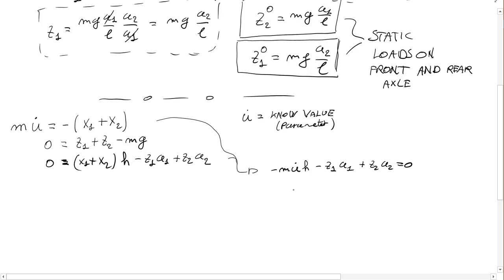And now from this equation we can write z1 a1 equals z2 a2 minus m u dot h. And now we have z1 equals z2 a2 over a1 minus m u dot h over a1.